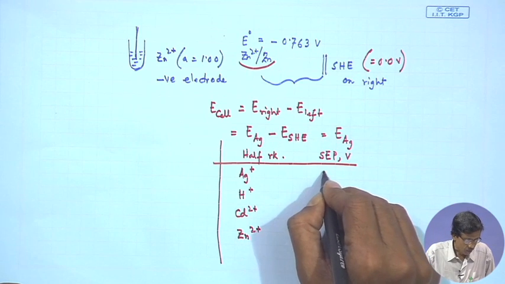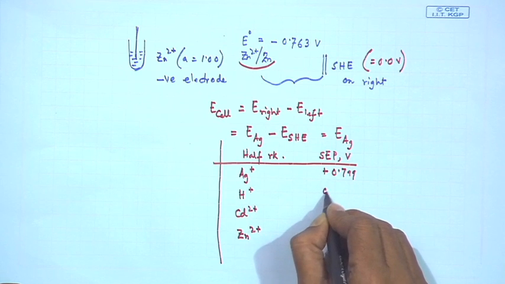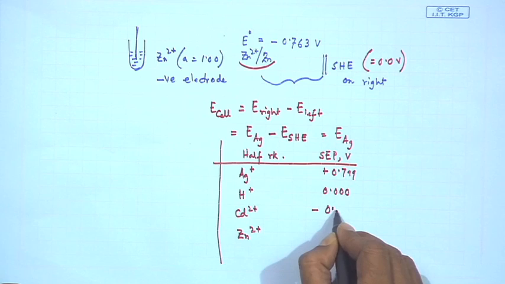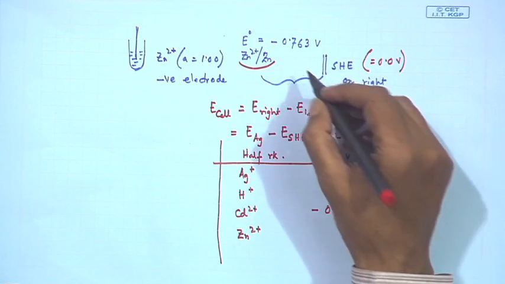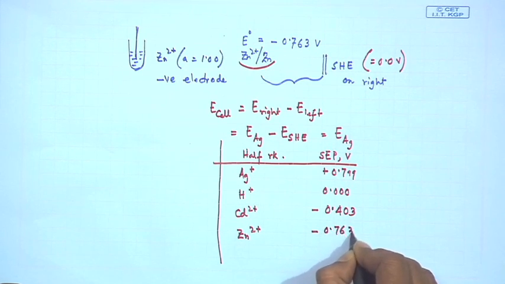We start from here: this is 0.799 volt, this is 0.000 volt, this is minus 0.403 volt, and this has been determined as minus 0.763 volt.